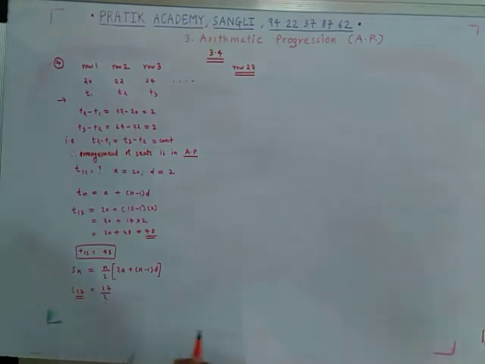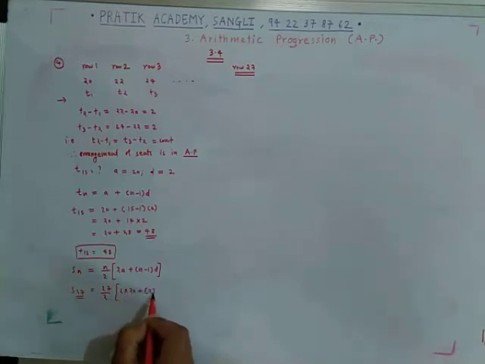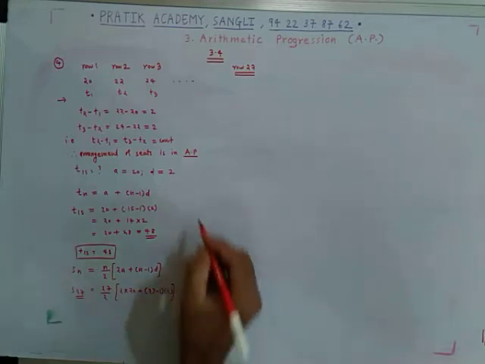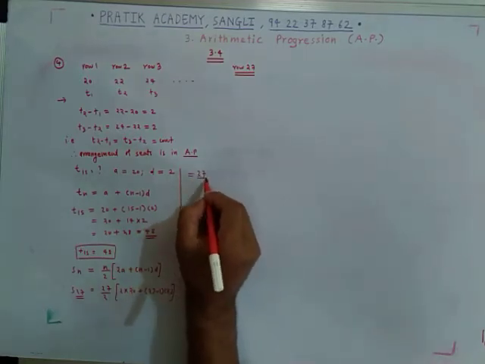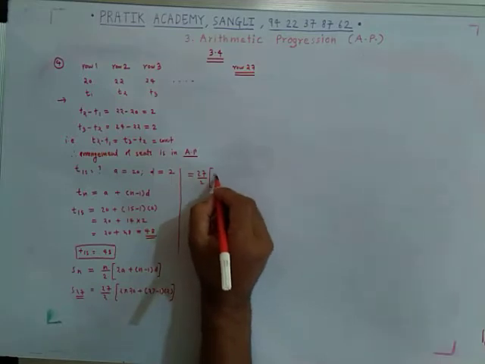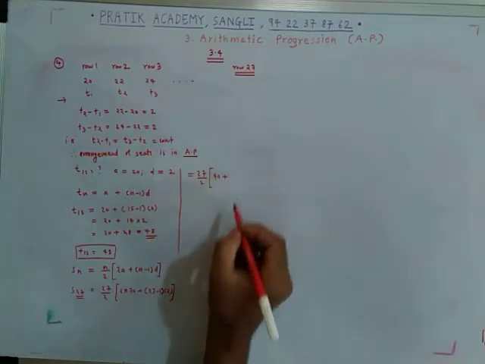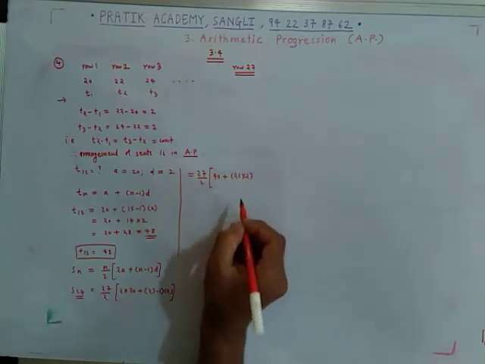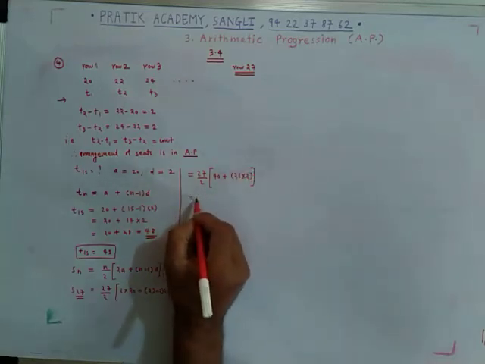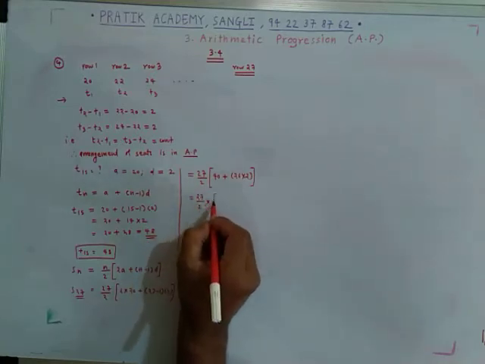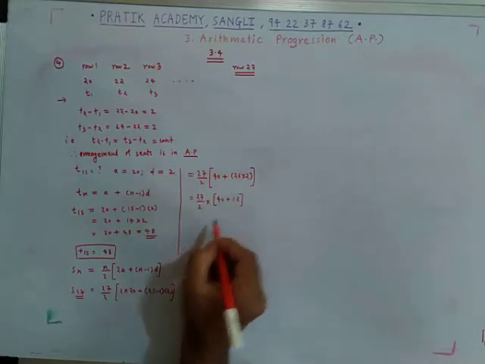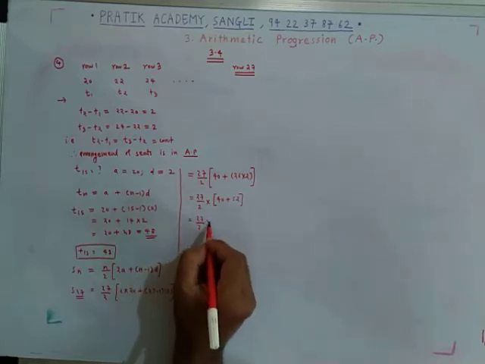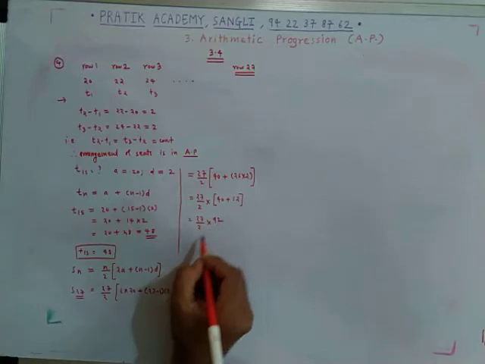So 27 divided by 2 in bracket 2 into 20 plus 27 minus 1 into 2, that is 27 by 2 into 40 plus 26 into 2, which is 40 plus 52, that is 92.